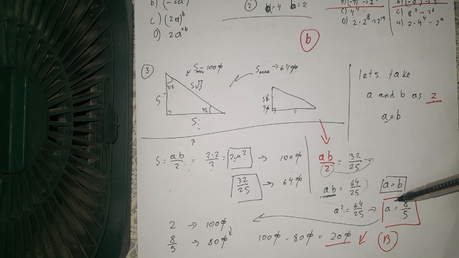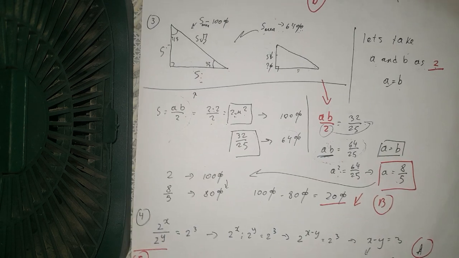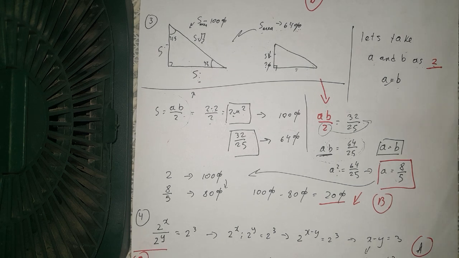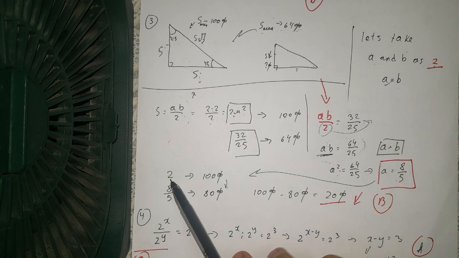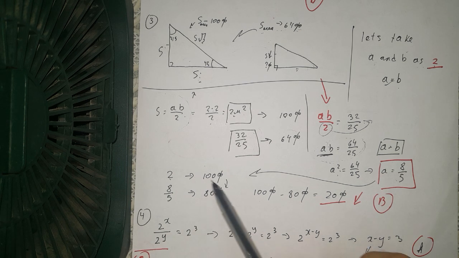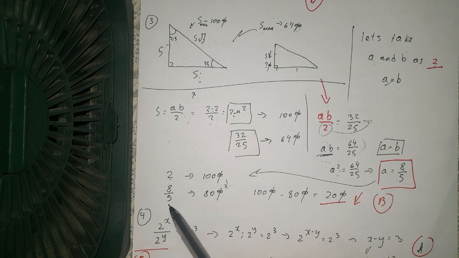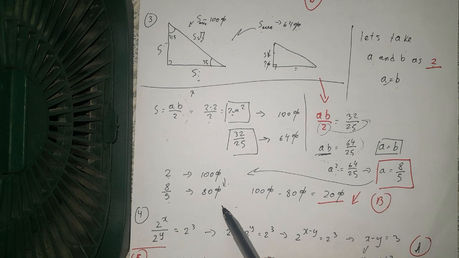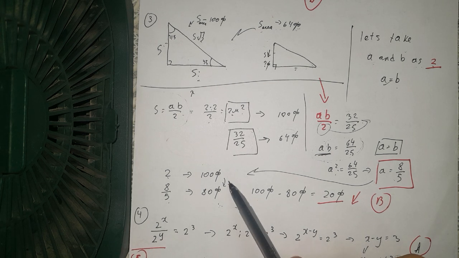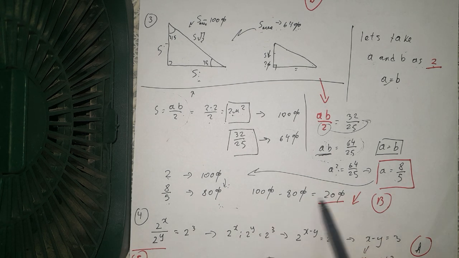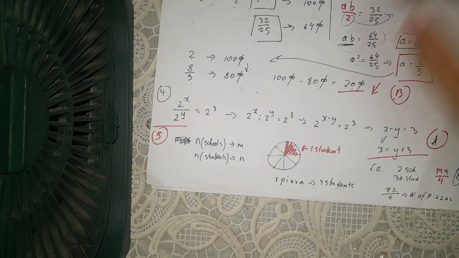Then if I want to find what percentage from 100 it lost, I'm just doing 2 is 100%, so 8 divided by 5 is 80%, so it decreases by 20%. The answer is B.